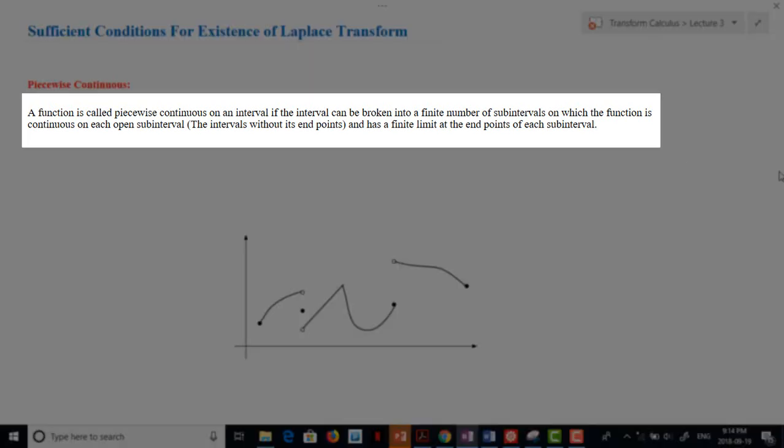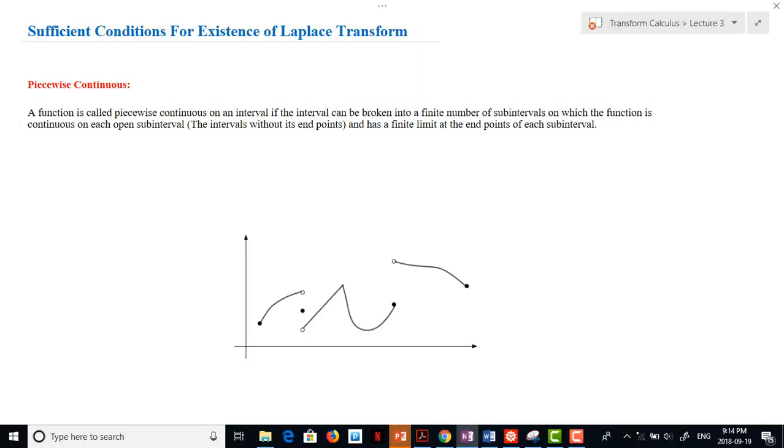A function is called piecewise continuous on an interval if the interval can be broken into a finite number of subintervals on which the function is continuous on each open subinterval, the interval without its endpoints, and this function has a finite limit at the endpoints of each subinterval.